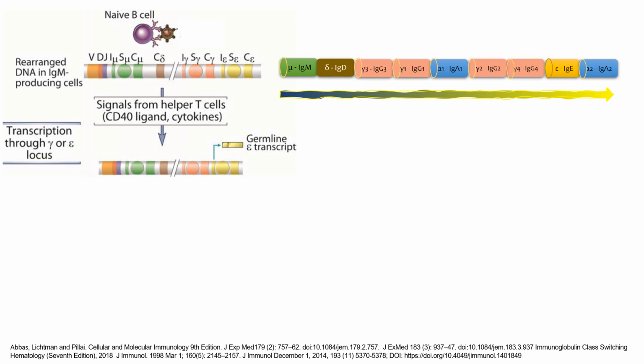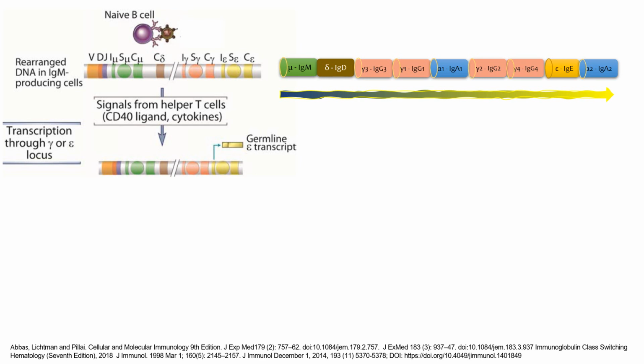However, once they switch isotype further downstream to the right, then you don't see co-expression or co-secretion of different isotypes by the same cell. Let's go over this process so that you understand better how this happens.